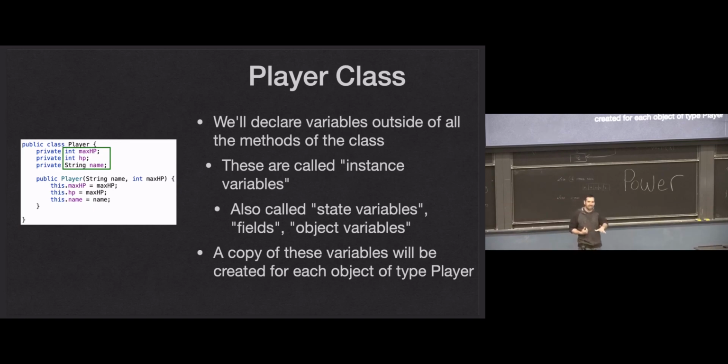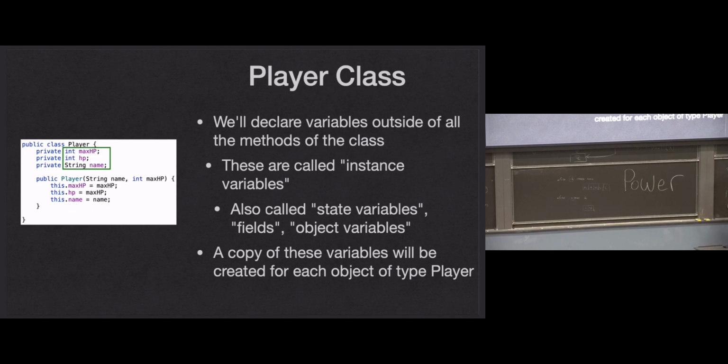In 116, I call them instance variables because I think that's more descriptive of what they are. An object is an instance of a class. Those instances have their own instance variables. But then in 312, I'll call them fields because at that point I just want to say one syllable instead of a whole mess of syllables. So I'm not even consistent with myself.